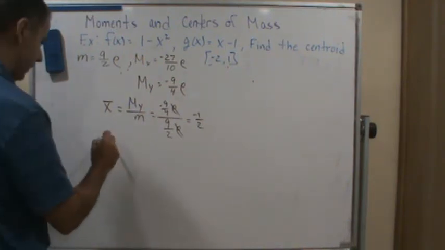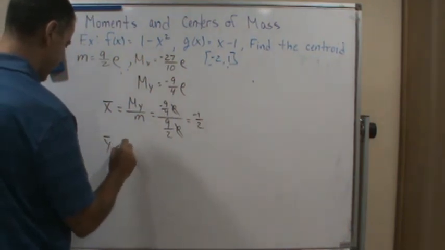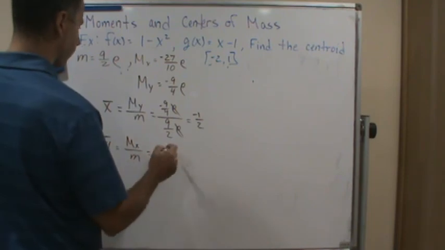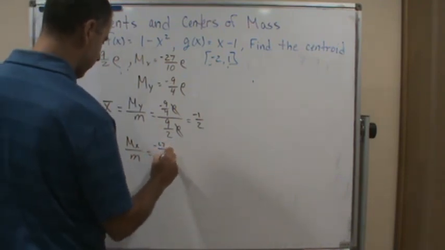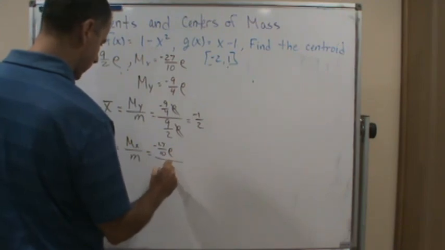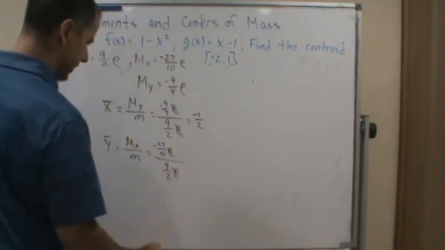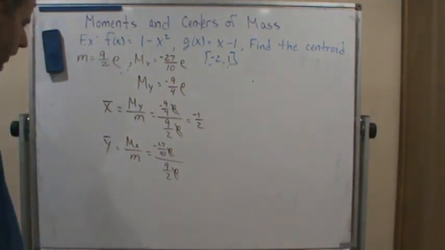Okay, and then y bar equals m sub x over m. So that's going to be negative 27 over 10 times rho over 9/2 rho. And of course the rhos cancel out. And what do we get?